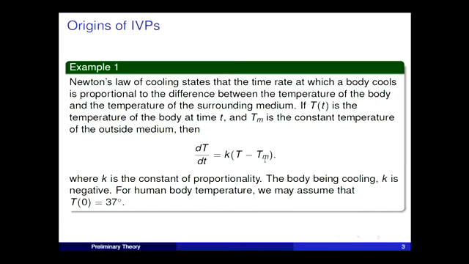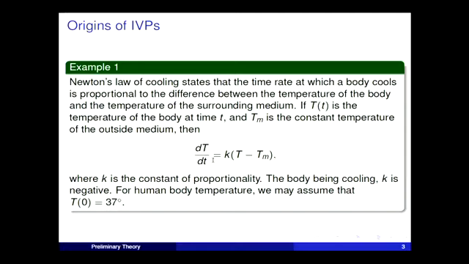medium temperature. So the rate of change of the temperature is just a constant times the difference of the temperature of the body minus the temperature of the ambient, the medium. And this is the ODE, right? Ordinary differential equation, because these are unknowns.